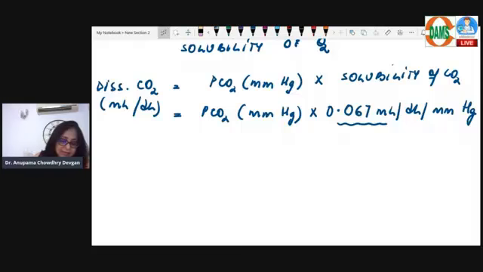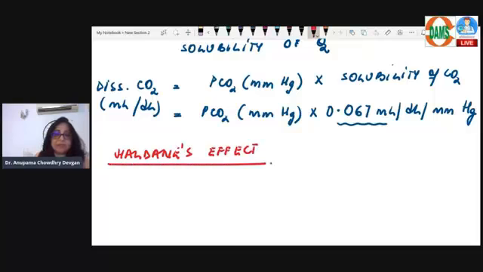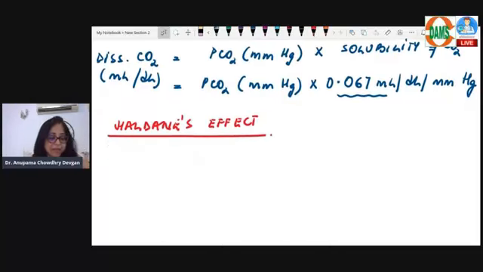Now, there is something which is known as the Haldane's effect. Yes, Haldane's effect. Now, Haldane's effect is related to CO2 transport. Now, what is Haldane's effect based on?